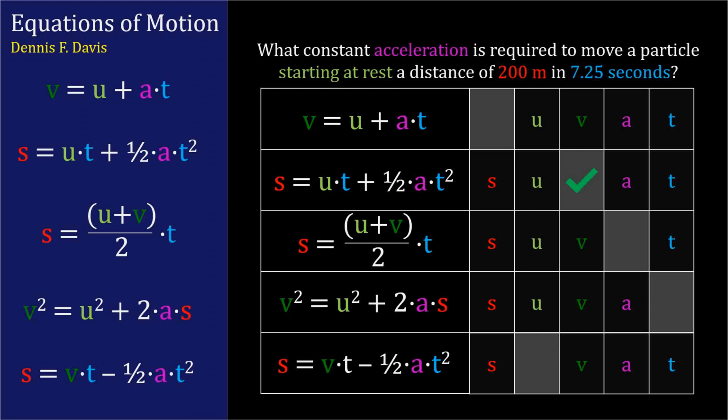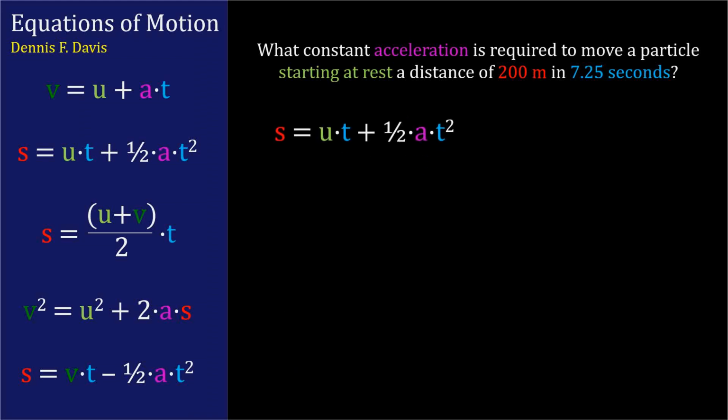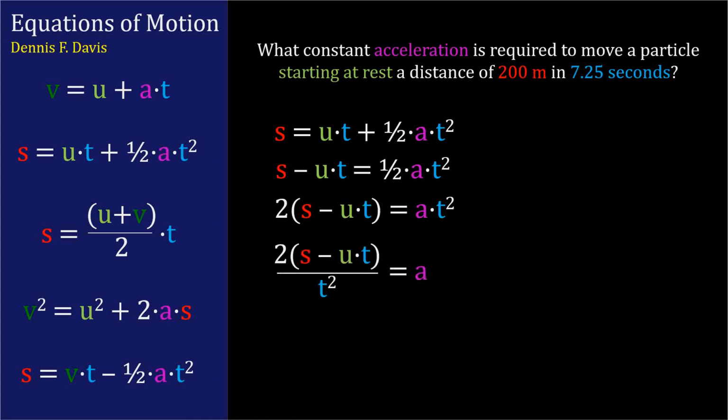You can plug in the values you know and then solve for a, or just rewrite the equation to isolate a on one side of the equal sign by itself. We'll just rewrite the equation from the start. Subtract ut from both sides, multiply by 2 to get rid of the 1/2, and divide through by t squared.